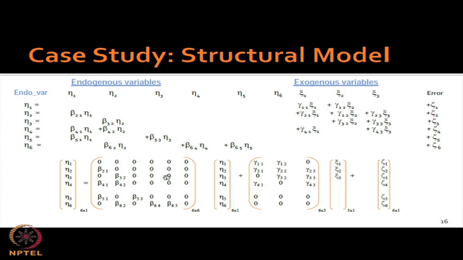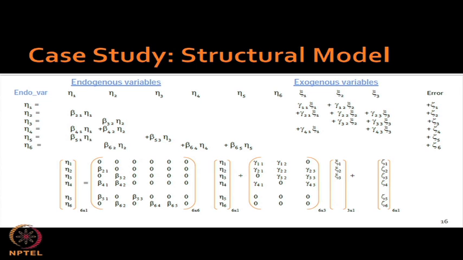But many of the betas are 0, so it is not 36 parameters to be estimated. Essentially it is reduced to 1, 2, 3, 4, 5, 6, 7, 8, 9 beta parameters to be estimated here. Similarly, in the gamma case also 1, 2, 3, 4, 5, 6, 7, 8, 9, and then the rest are the covariance matrices between xi and between zeta, which you have to estimate.